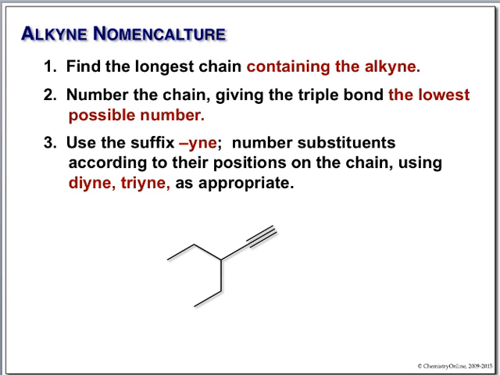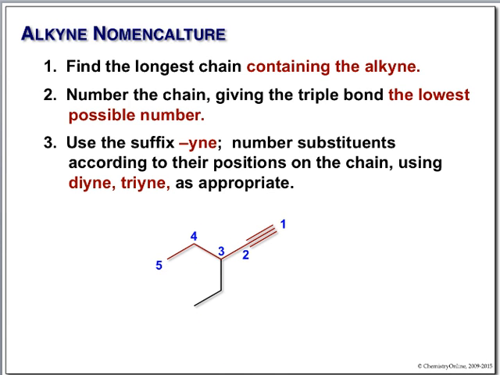For this little molecule right here, we look and we see our longest chain containing the alkyne is going to be 1, 2, 3, 4, 5 carbons long. So that's our parent chain. Our second rule is to give the alkyne its lowest possible number. Therefore, we want this to be carbon number 1, 2, 3, 4, 5.